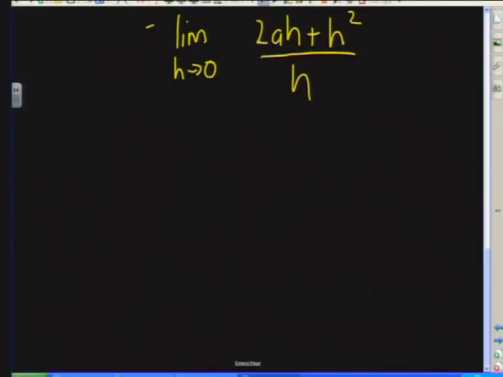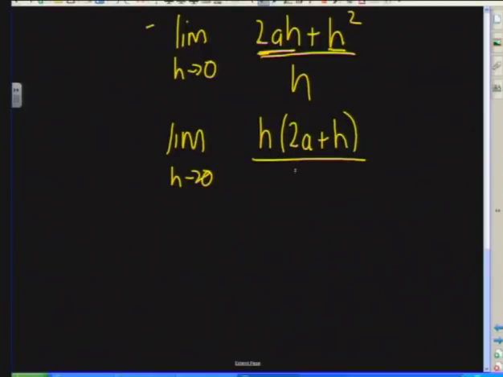If you've done this correctly, in your second last step, you'll always end up with terms in the numerator that have h in them. The reason for that is you can pull out the h as a common factor in the numerator. So you take out the h and you'll get 2a plus h. I've just taken out a common factor in the numerator, and then that's all over h.